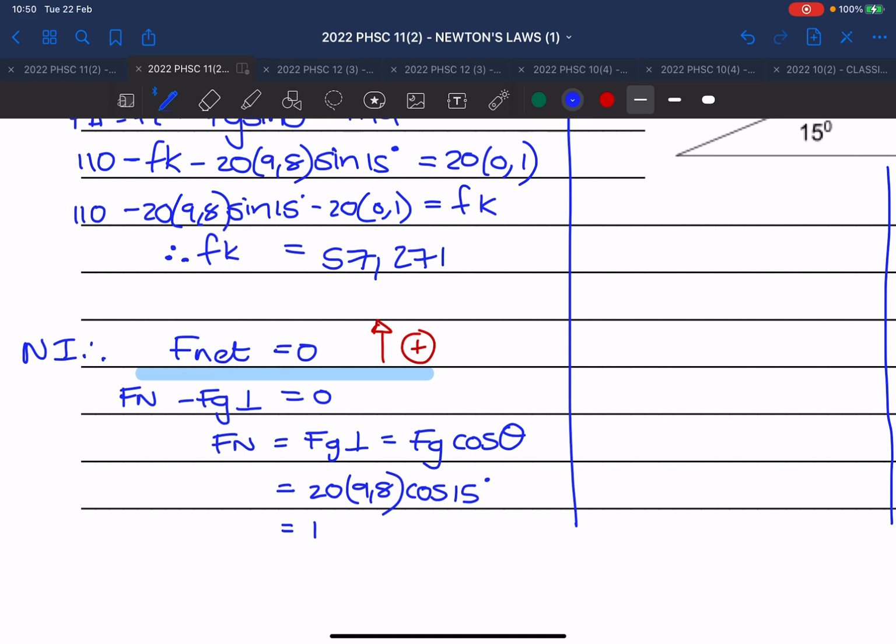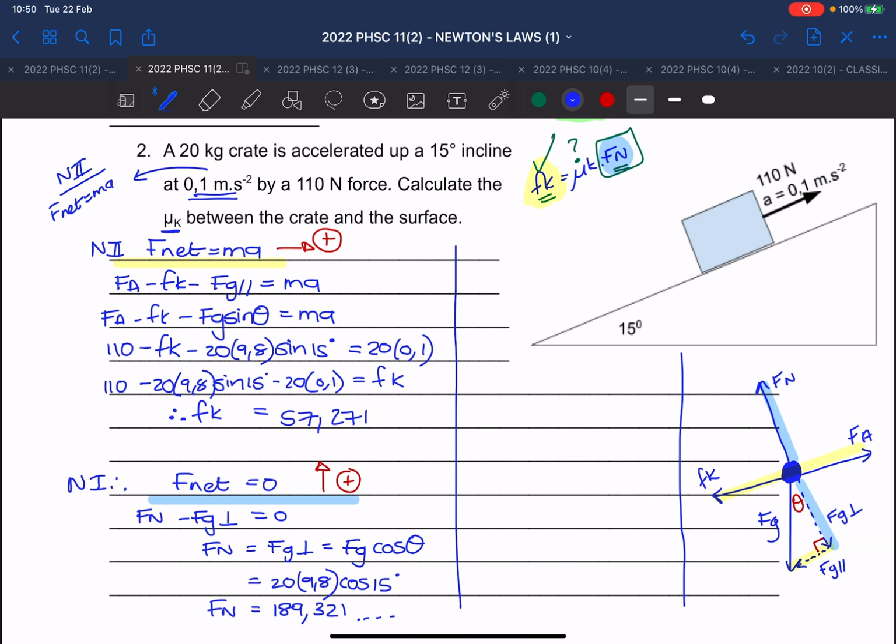One hundred and? All right. So now we have Fn, we have Fk. Now I can calculate UK.